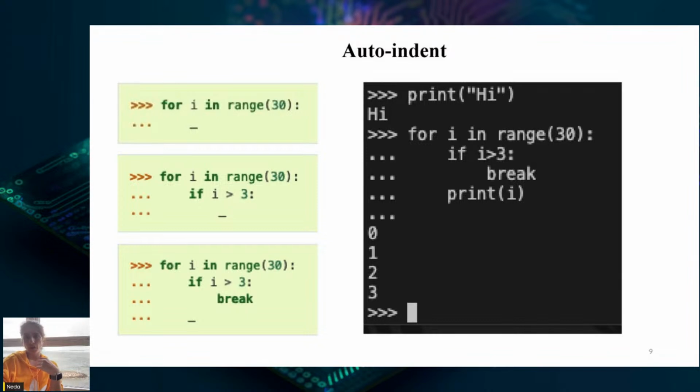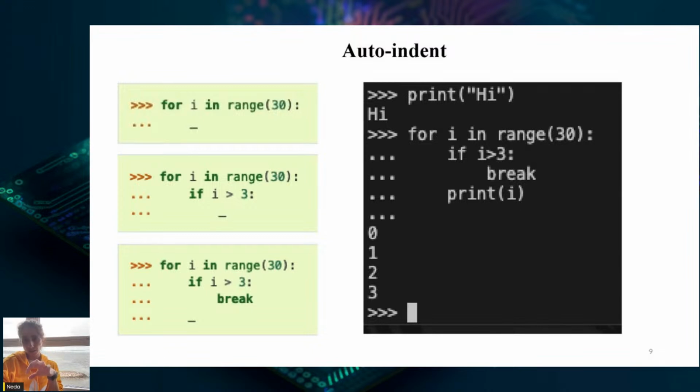Auto-indent. When typing Python statements which end in a colon, for example if, for, while, then the prompt will change to 3 dots, as you can see here. And the cursor will be indented by 4: 1, 2, 3, 4. It will be placed here.